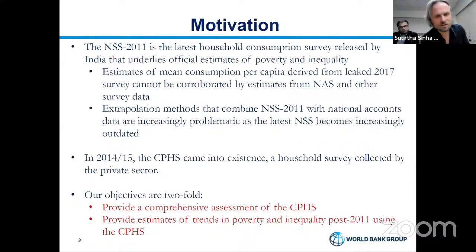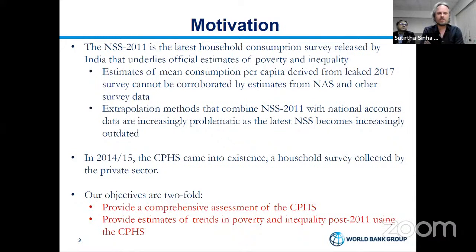The challenge that anyone would face in estimating poverty in India is that the official household survey, the NSS Household Consumption Expenditure Survey, that typically underlies India's official estimates of poverty, was last made available in 2011. There has been a survey, as you know, conducted more recently in 2017, but the microdata of that survey was never made public. And so anyone who wishes to produce estimates of poverty will have to find alternative ways of estimating poverty.